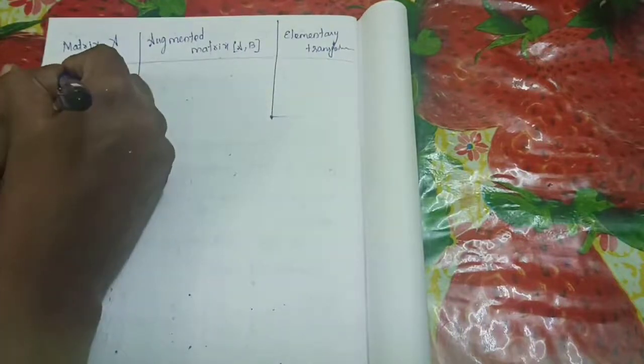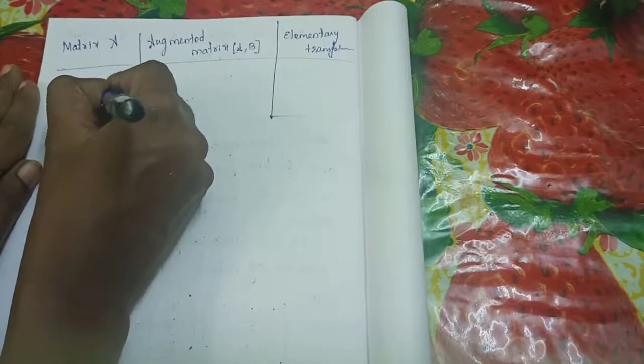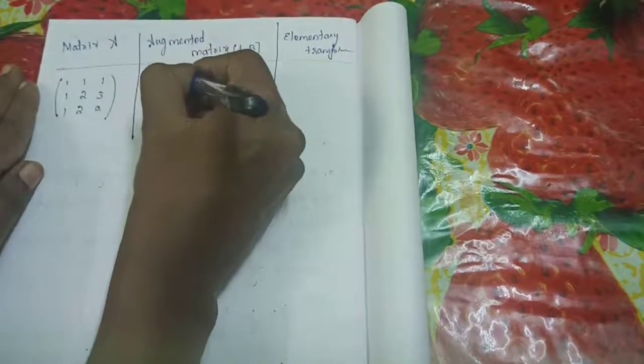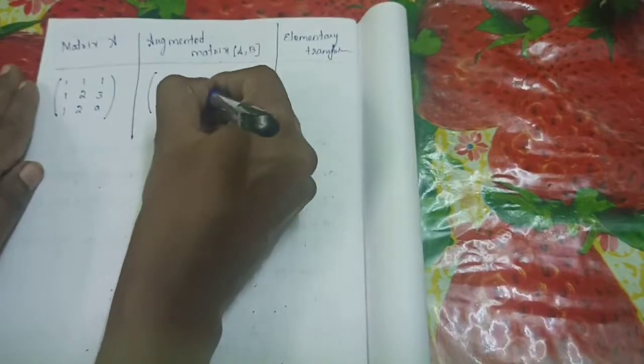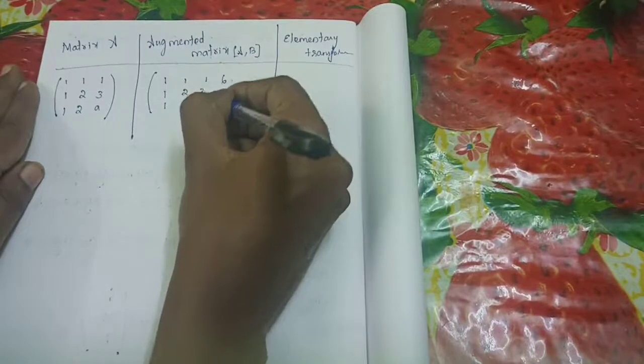Matrix A is [1, 1, 1; 1, 2, 3; 1, 2, a]. The augmented matrix is the same, with 6, 10, b added.